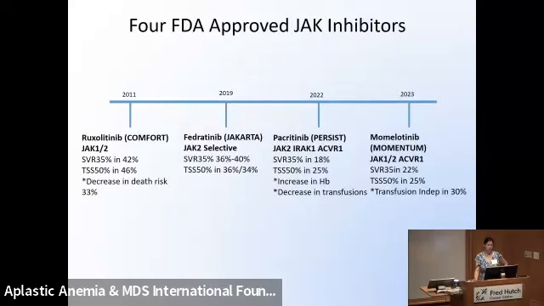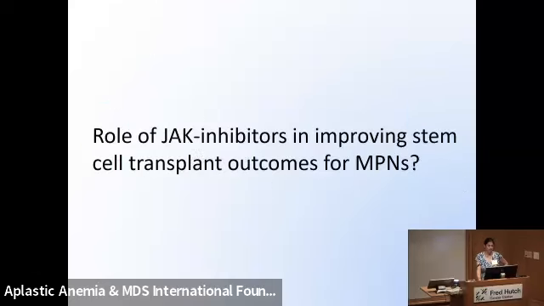And so these are the 4 that she showed. And if you look in here, the symptom score went down 50% with the ruxolitinib, or I guess 35% in the fedratinib, 25% with the pacritinib, and 25% with the momelotinib. So it's improved the patient's symptoms and therefore their transplant potential.